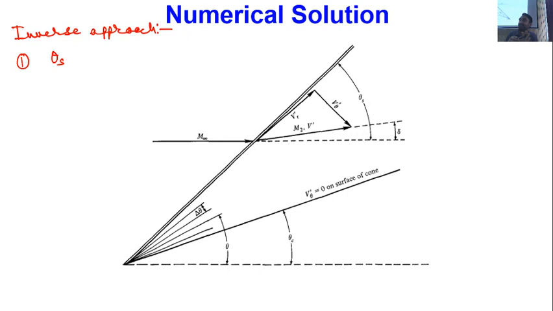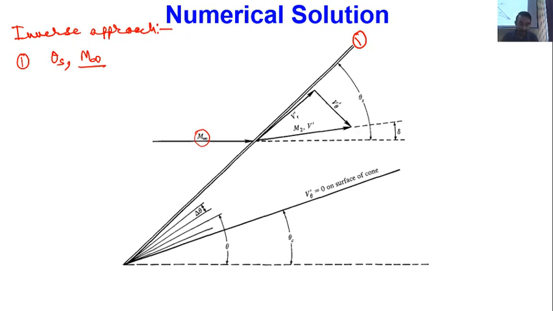So I have assumed that I have a shock wave at an angle theta s, and that it is experiencing a free stream Mach number of M infinity. The important point is, the first step is this: I have assumed a shock wave, and this shock wave is experiencing M infinity as the free stream Mach number.